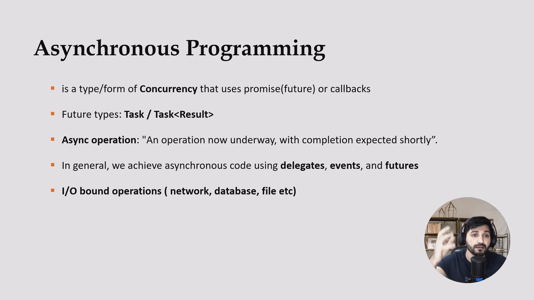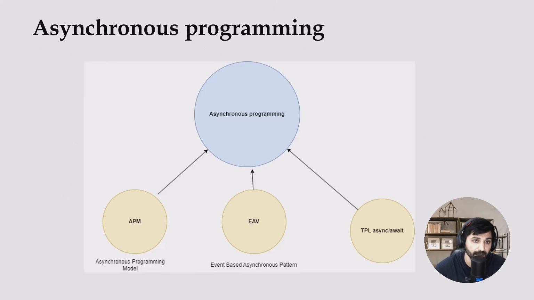We are using asynchronous programming for input-output bound operations. So we have network-based queries. We have database, working with files. All these operations in general are input-output bound operations, and we are dealing with them using asynchronous programming.